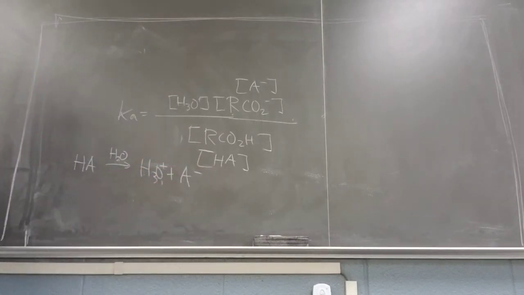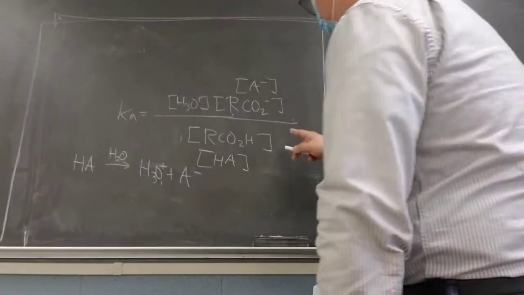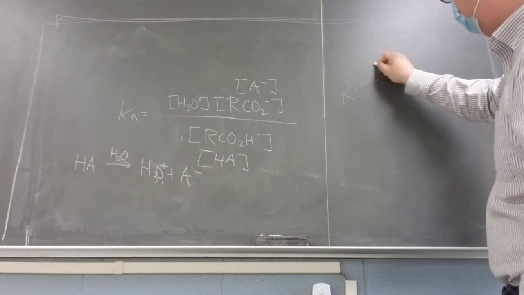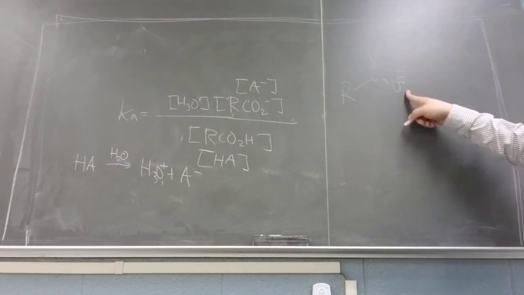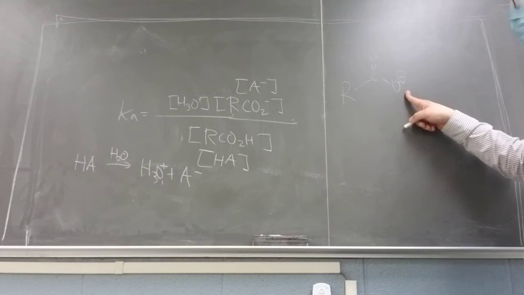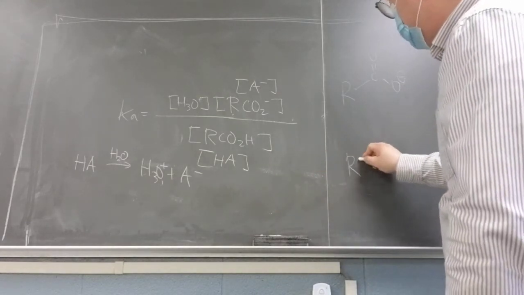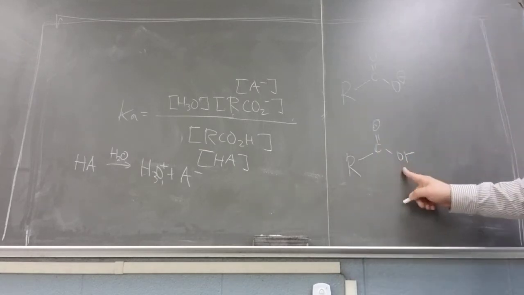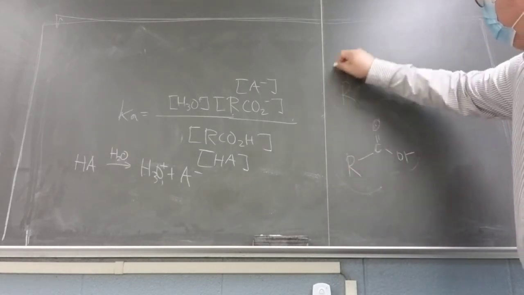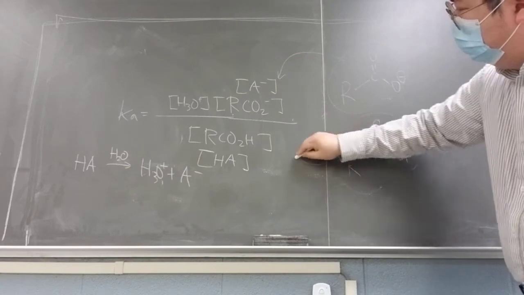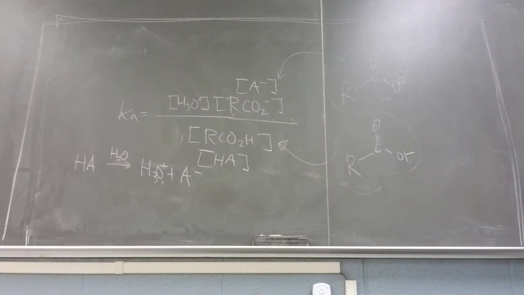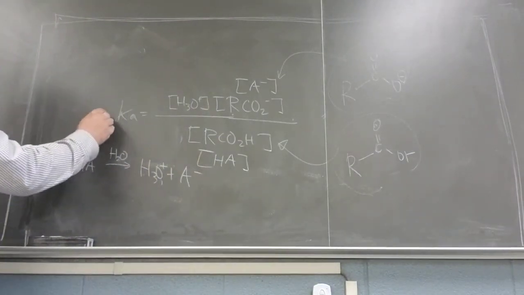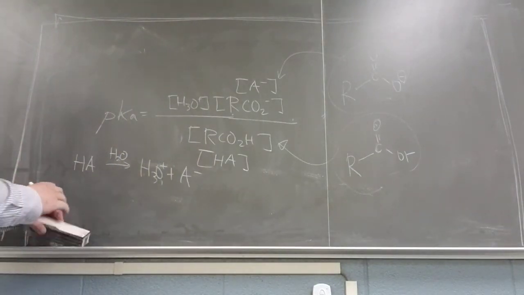So this will look like this: after donating the proton, which is the conjugate base form, right? And this is your carboxylic acid form here. If you put the p value, pKa, which will be what?